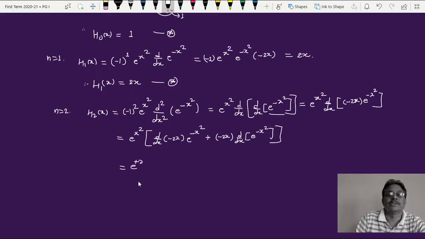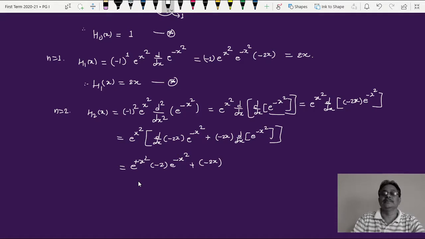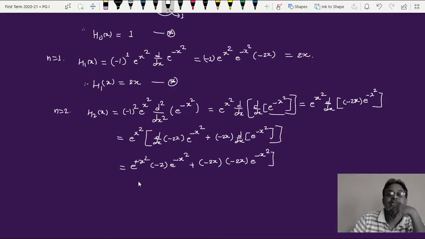So e raised to plus x square into, this is minus 2 here, this differential, into e raised to minus x square. Then here it is minus 2x as it is, and the differential of this is again minus 2x into e raised to minus x square, and this e raised to x square is multiplied there. Okay, actually it should be like this.